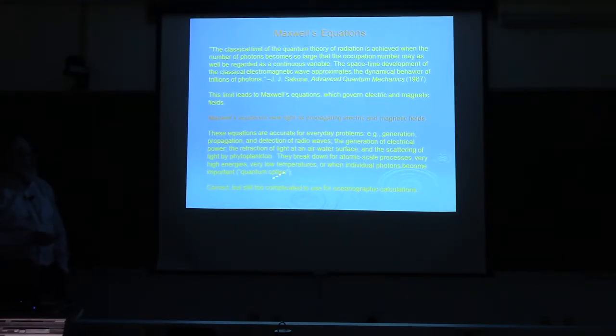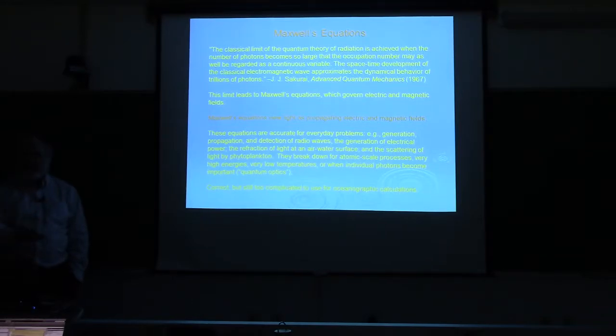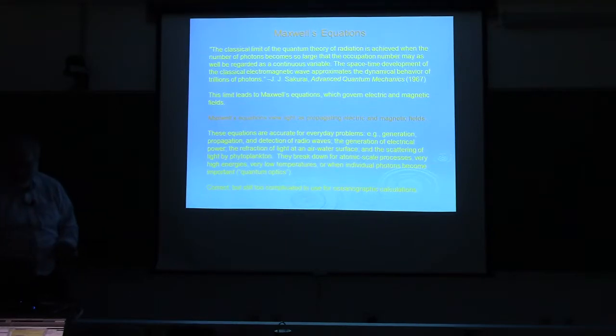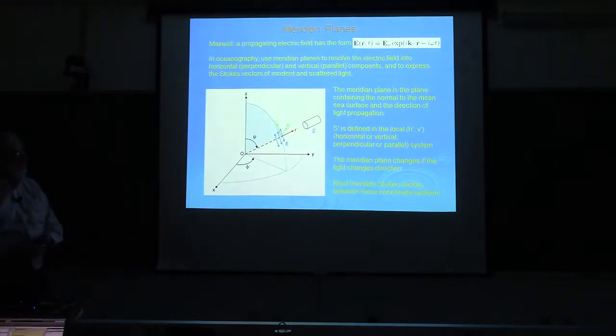So even though Maxwell's equations are perfectly accurate for oceanography, they're complicated to solve, and they give us information we don't really care about, which is electric and magnetic fields. If we want to measure irradiances and radiances, we don't have to go through Maxwell's equations.